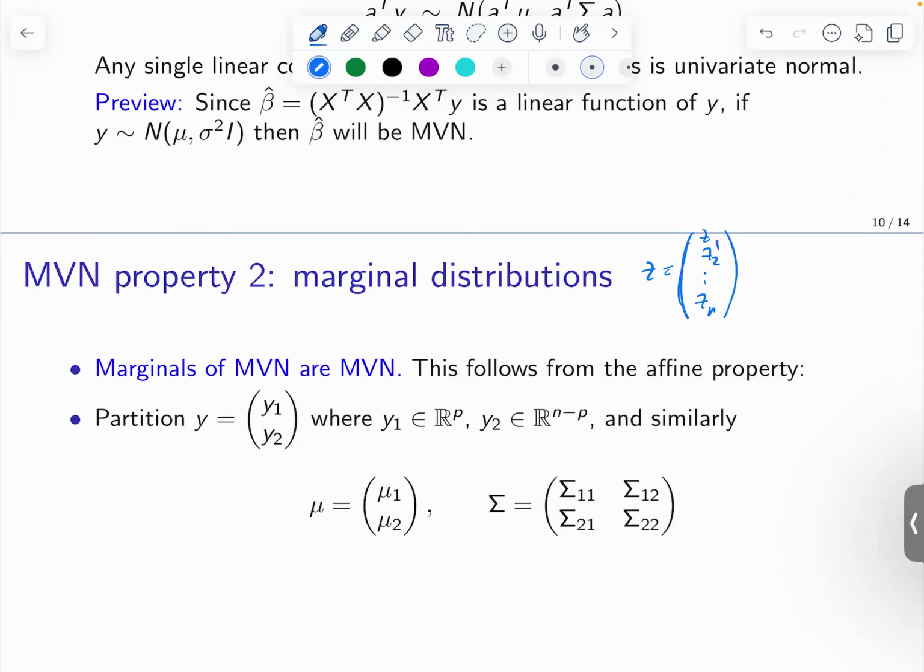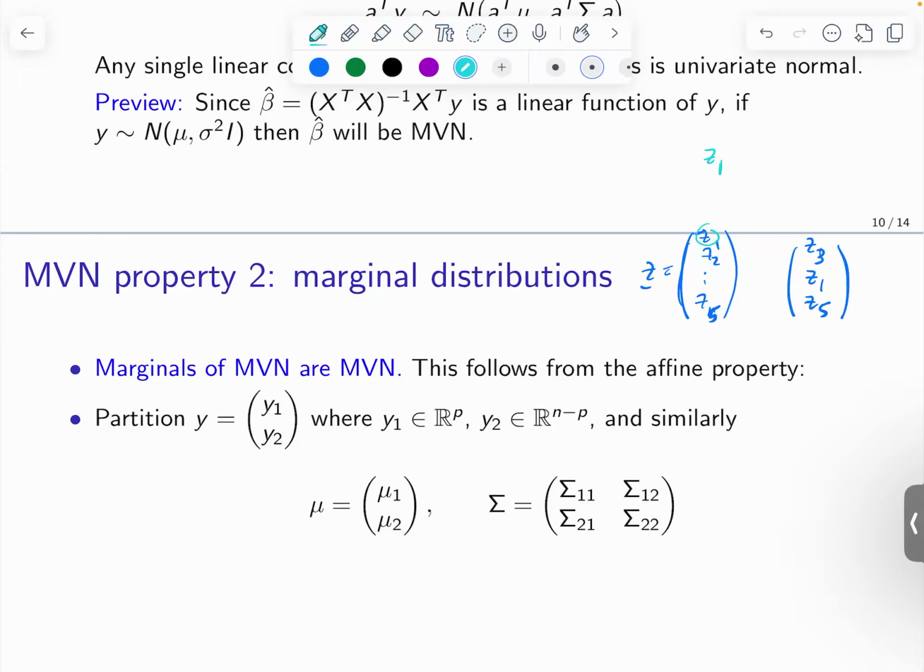Any subset of these elements that I pick, let's say z1 and z5, let's say this is 5 dimensional, is a subset of the elements. You can think of it as a marginal. Oftentimes when people say marginal, they mean just a univariate marginal, so just the distribution of, for example, z1.